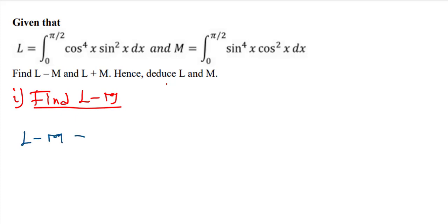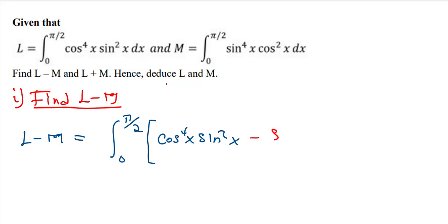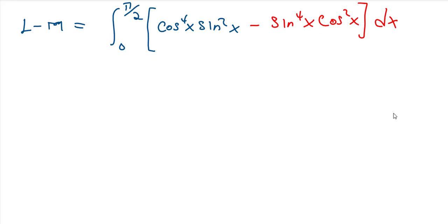So I'm going to let L minus M be equal to the integral from 0 to pi on 2 of L minus M. So my L is cos to the 4x sine squared x, then we have minus M, that's minus sine to the 4x cos squared x, all of this dx. So what do we get?